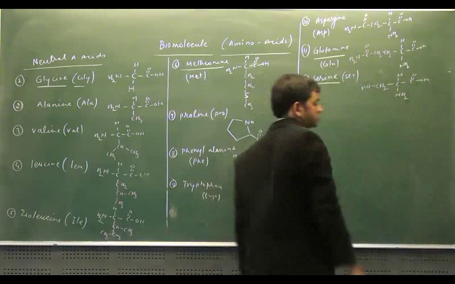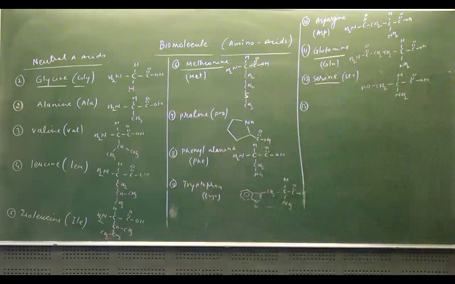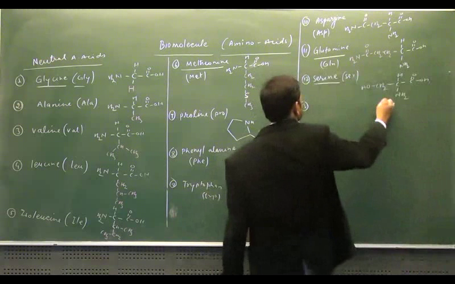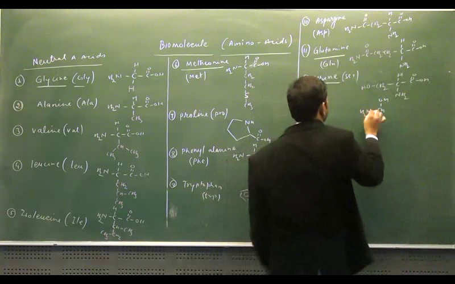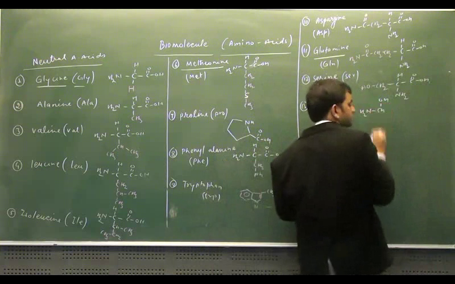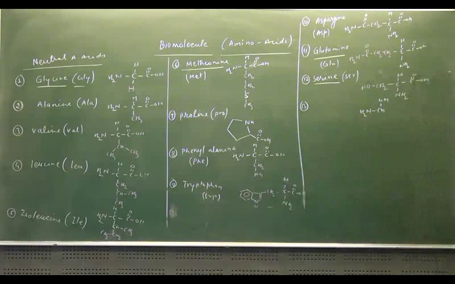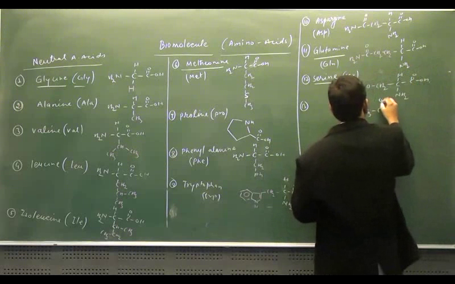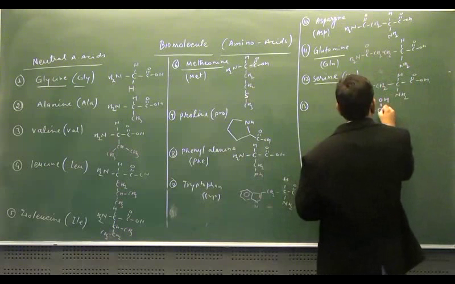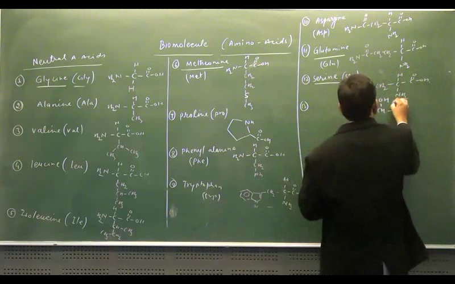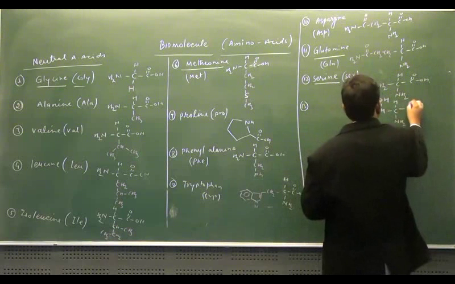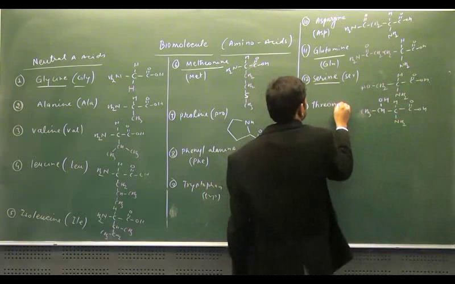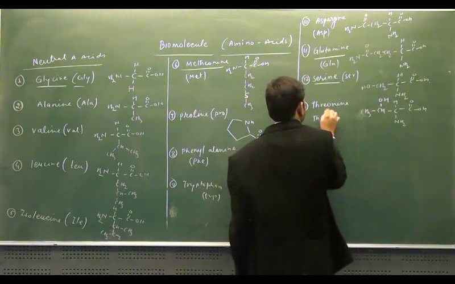Number 13, threonine. This is a side chain. CH3, CHOH, CHNH2, COOH, threonine, THR.